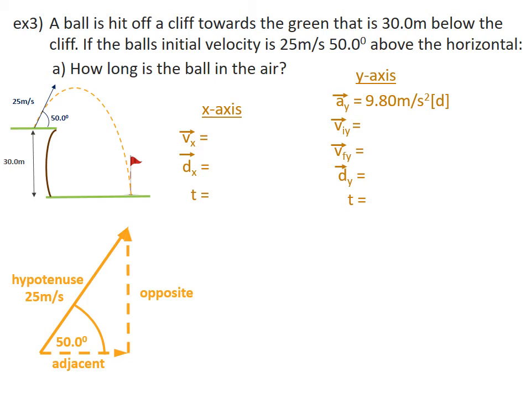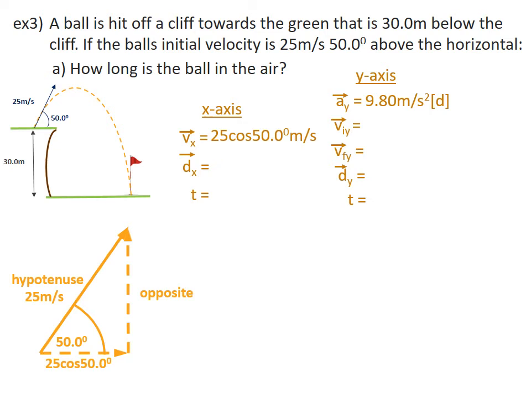So let's look at that adjacent side first, in the x-axis. Since that's the adjacent side, the value of that velocity will be 25 cos 50. So I'm going to put into my x-axis values, Vx is equal to 25 cos 50.